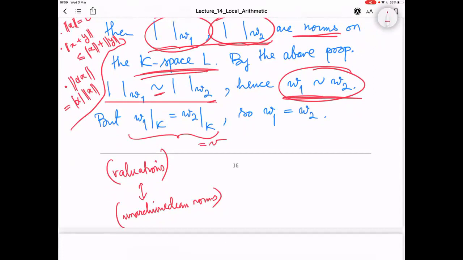Therefore, the constant which appears in the definition turns out to be 1 because it's 1 for x in K. So the two valuations are actually the same.